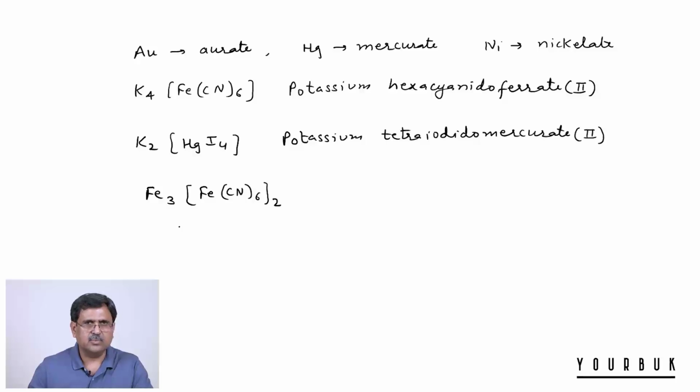But you know, iron shows variable oxidation state, so we don't know the oxidation state of iron in the simple cation or the oxidation state of iron in the complex anion. So first we split this complex into cation and anion form. Now in this case, the cation part is Fe2+ and the anion part is [Fe(CN)6] with a charge of 3 negative.